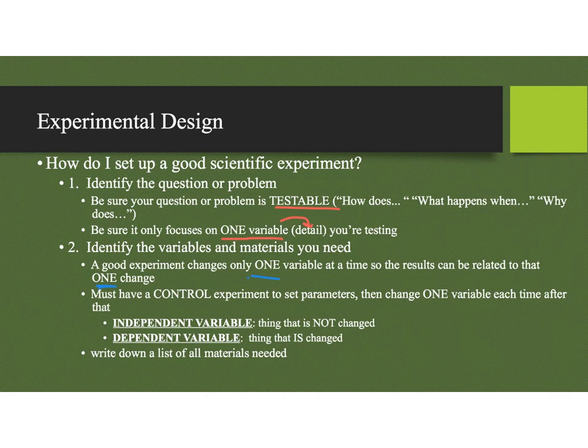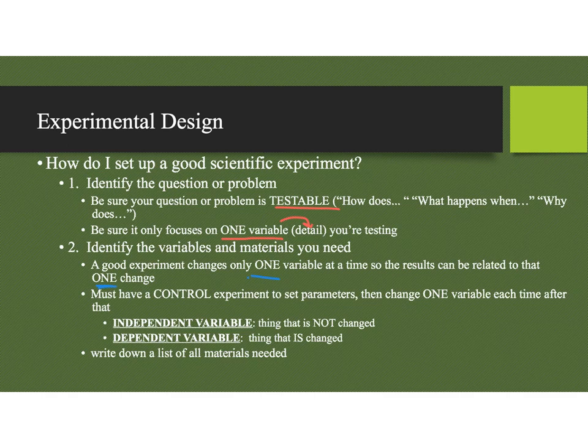Going back to the birds and the seeds, you want to have all the same size seed. You may dye them different colors, but you want them all the same size, so that if you notice that they like the blue seeds the best, you can attribute that result to being the color blue and not the size or the odor or the shape or something like that. Hopefully that makes sense.